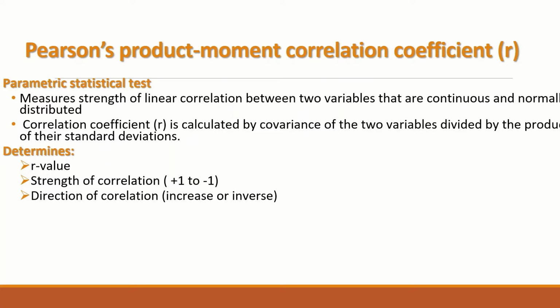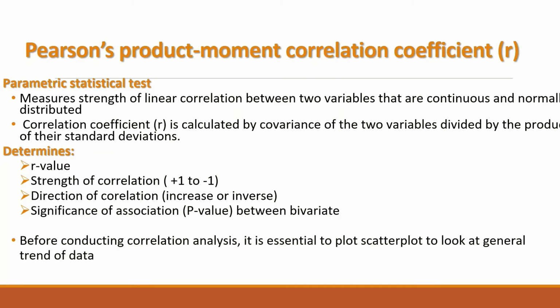Also, the test determines the direction of the relationship, whether there is an increase or decrease, and also will calculate and determine the significance of association, i.e. the p-value between these two bivariates.